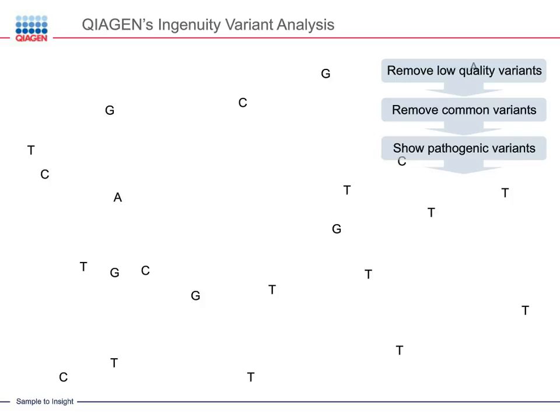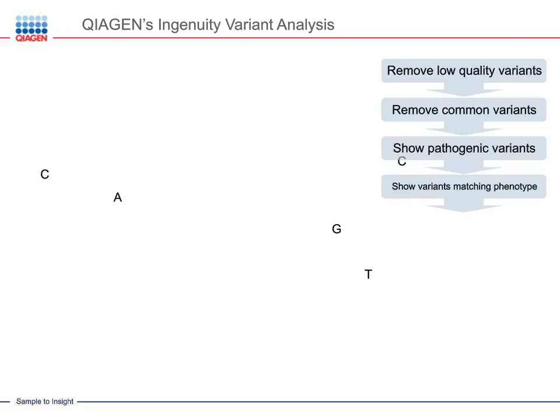And so you're down with less. And then finally, show me only those variants that are related to the phenotype that I'm observing in my patient. And so you're left with very few variants. And then variant analysis really provides a way so that it's very easy for you to find the scientific evidence to back these findings.